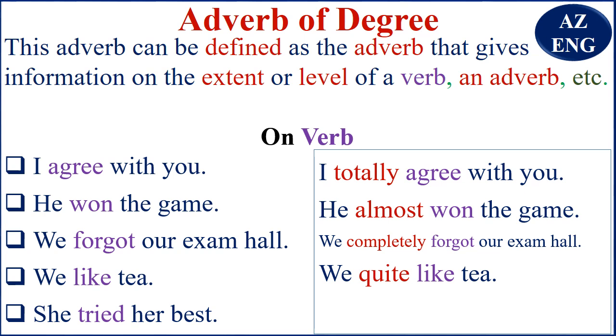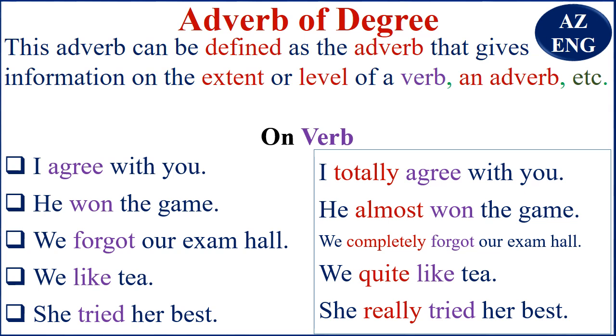And the last example on verb: she tried her best. You haven't got an adverb here, but here, she really tried her best. So the verb is tried and the adverb of degree is really.